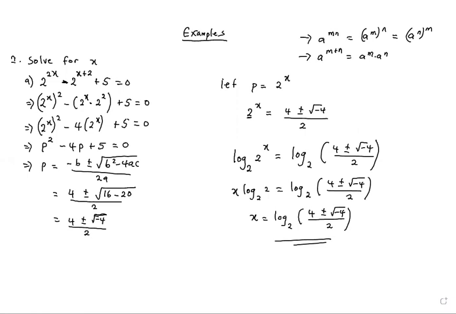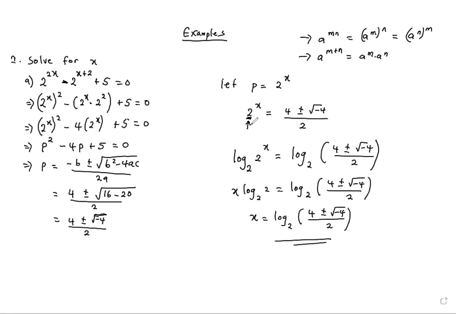Can you please kindly repeat here when you introduce the aspect of logs? So to introduce the aspect of logs, you look at this base here. 2 is raised to the power x, and yet you want to find x. So you bring the log to the base 2, because you know that log has the property of dropping the power.